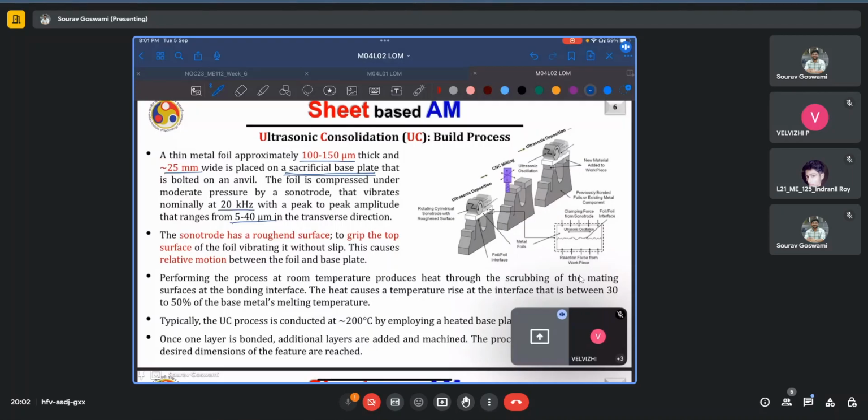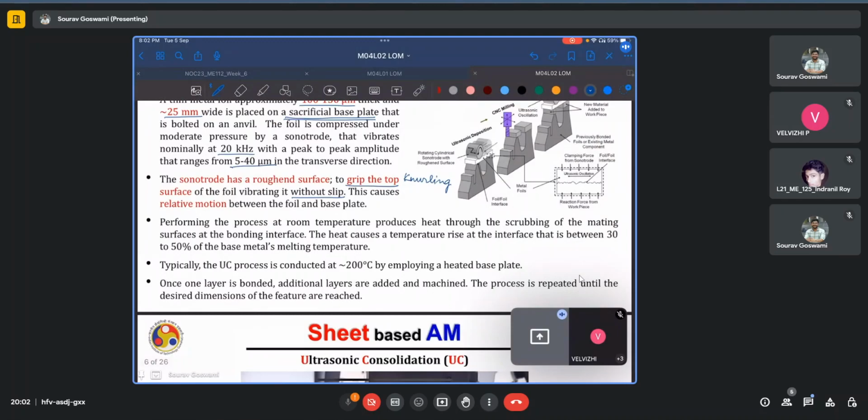This helps to prevent any relative motion between the sonotrode and the top of the incoming metal foil. Thus, the rough surface allows the sonotrode to grip the top surface and make it vibrate without any slip. However, this results in a relative motion between the foil and the base plate, or the foil and the pre-deposited layers.